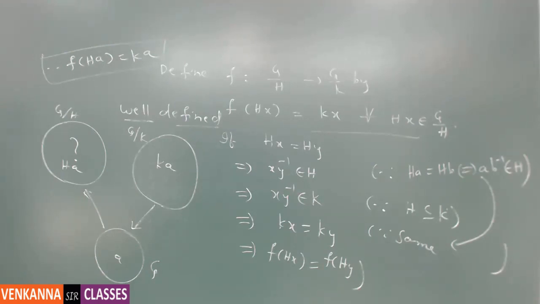Every coset is formed by means of taking elements in the group. So in the coset Ka, a is an element in the group. What is the group here? G. So for every element in the group, the corresponding coset will be there because H and K here are two normal subgroups we have taken. So for every element, you have a coset with respect to H, and a coset with respect to K. Therefore, it is an onto function clearly. However, if you have a doubt, you can imagine this diagram.